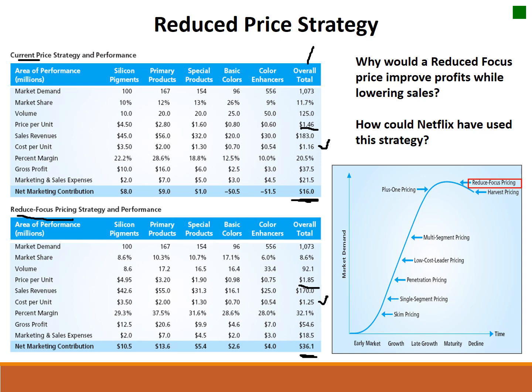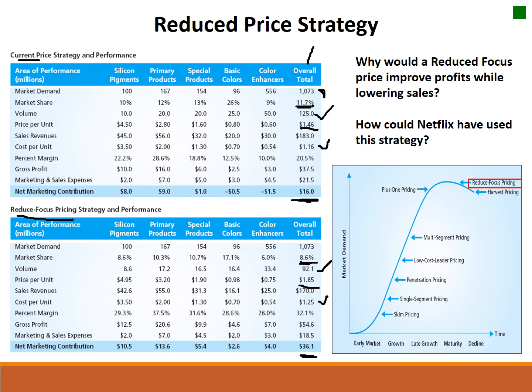So market demand here, in this case, is similar, but your marketing share goes down because your price went up. So you're actually going to sell fewer units, probably 92.1 million units as opposed to 125 million units. It looks like that's the drop in demand, but again, you're playing off this idea of price inelasticity and that customers are still willing to buy the product.